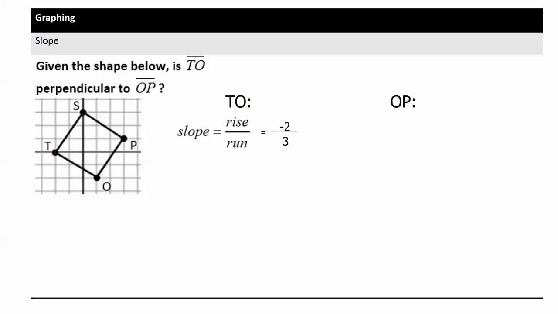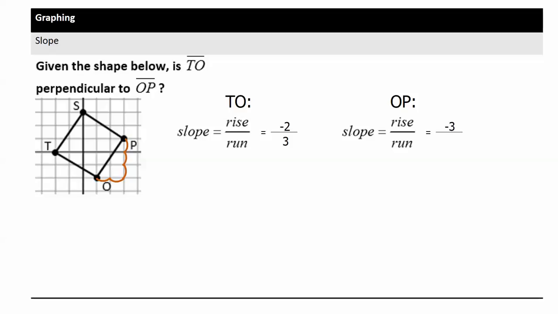Now let's find the slope of OP. Remembering that slope equals rise over run, we'll check to see how far we rise. So starting at P, we go down 1, 2, 3. So we find that we have -3 over, going left 1, 2.